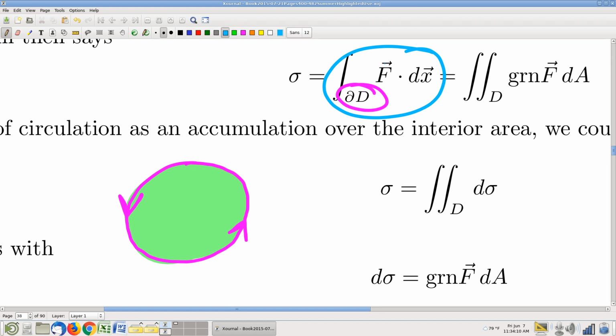Well, okay, it's measuring how much the fluid is flowing along this curve. Okay, but wait a second. To the extent the fluid is flowing along the curve, well, the curve is going around a kind of circle. Right? The curve is making a full 360 counterclockwise turn.